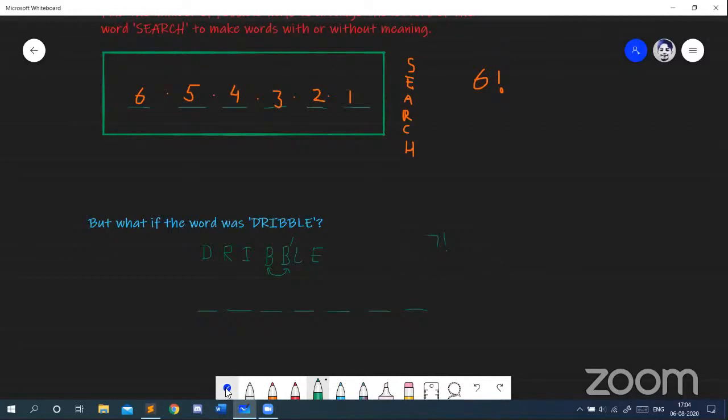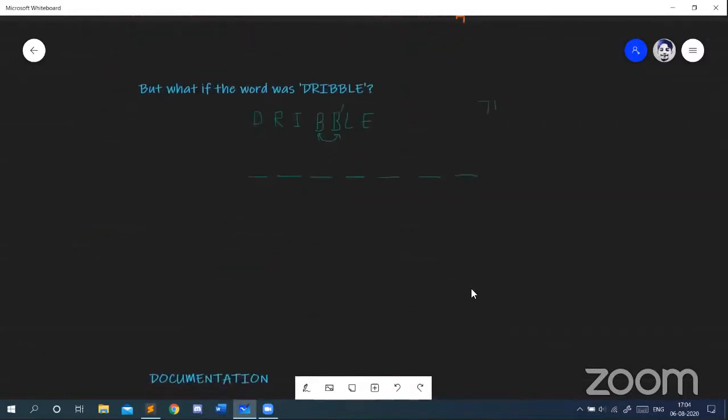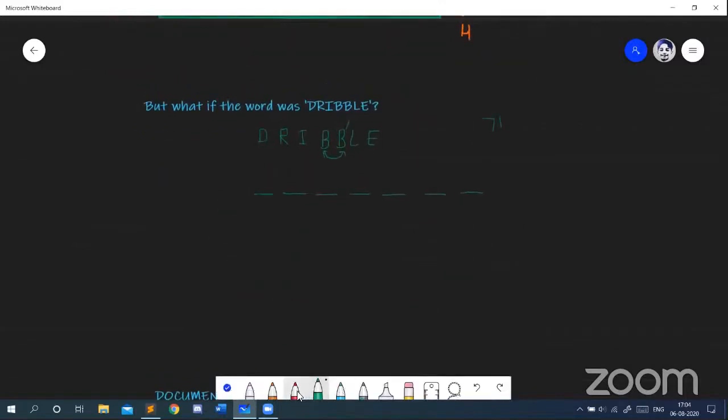But first I want to take up a simpler example. Suppose my letters were not these, but suppose my letters were just A and B, right? And I had to arrange these in a line.